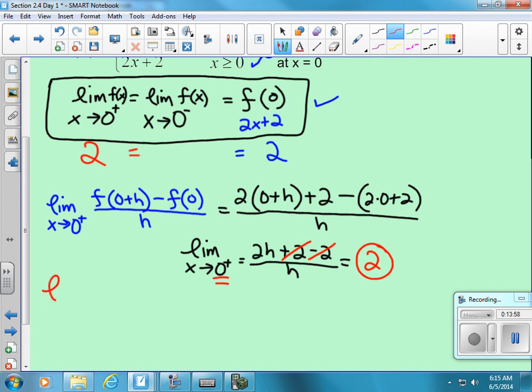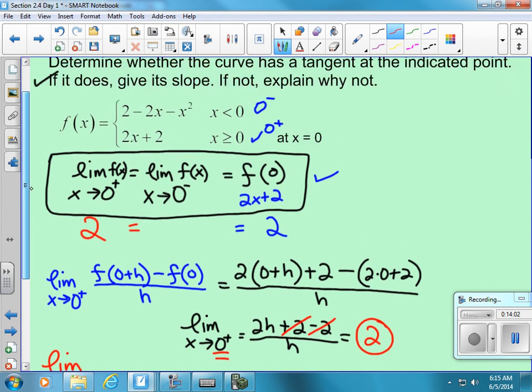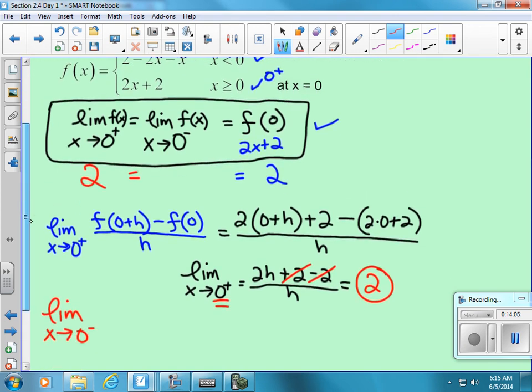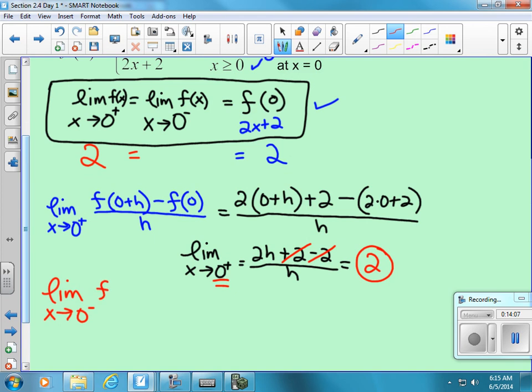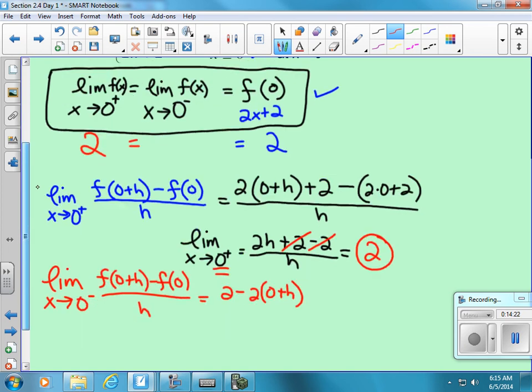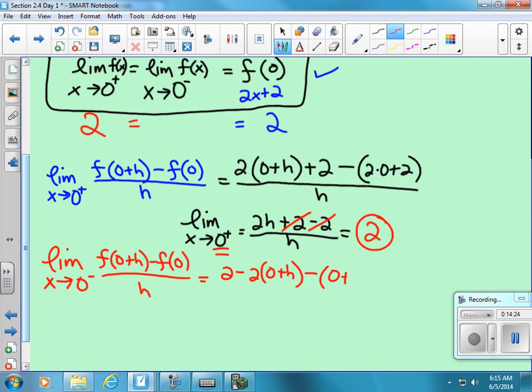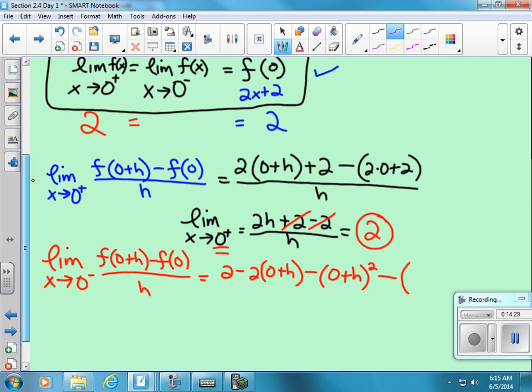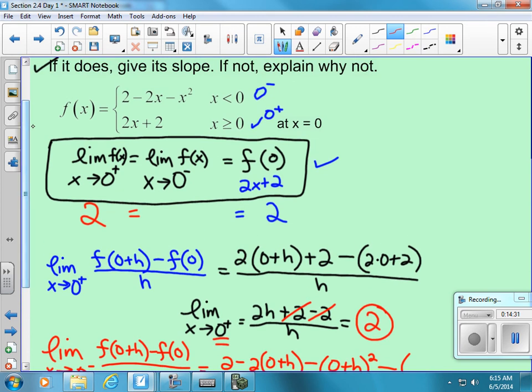Now we need to check the left-hand limit, coming from the negative side. This one's going to be just a teeny bit more algebraically intensive, because we're going to put f of 0 plus h minus f of 0 over h. And our equation's just a little bit fancier. 2 minus 2 times 0 plus h minus 0 plus h squared, minus this whole thing, the function at 0, which is just equal to 2, right?